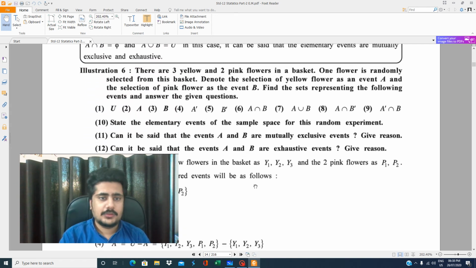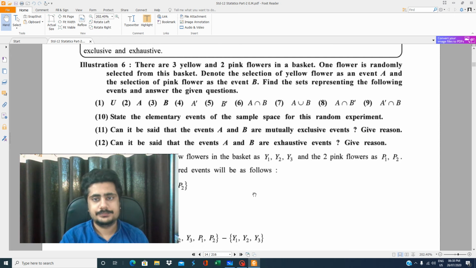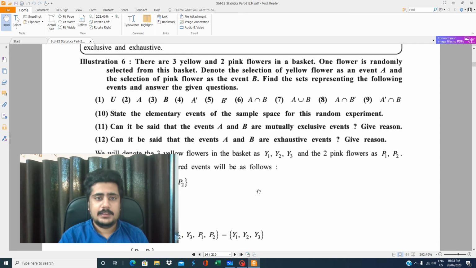Let us start with illustration number 6. There are 3 yellow and 2 pink flowers in a basket. One flower is randomly selected from the basket. Total there are 5 flowers, 3 yellow, 2 pink.